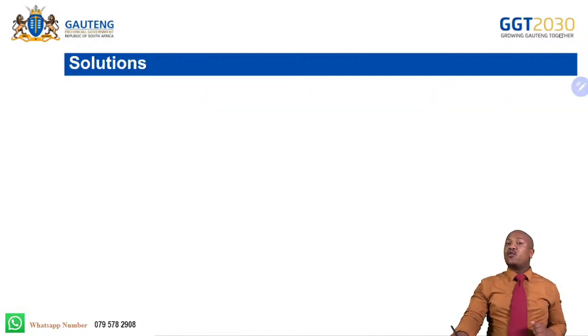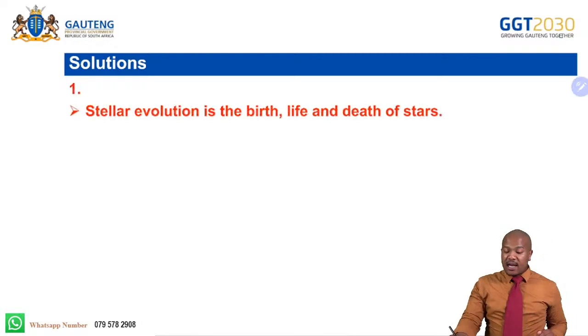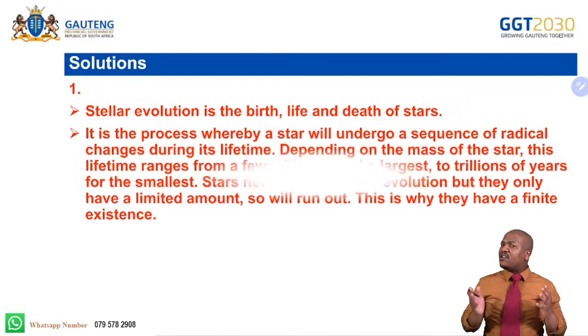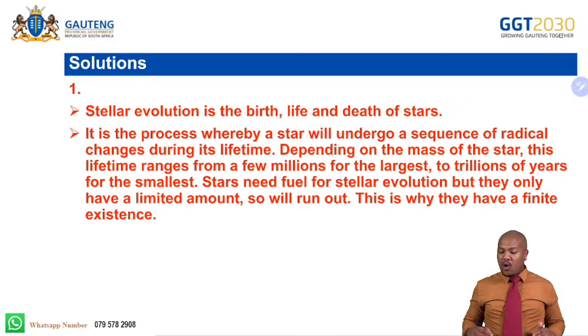So the solution for number one: stellar evolution is the birth, life, and death of stars, right? So why is it a finite process? It is the process whereby a star will undergo a sequence of radical changes during its lifetime.